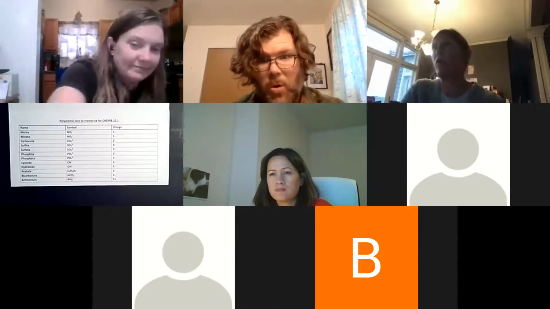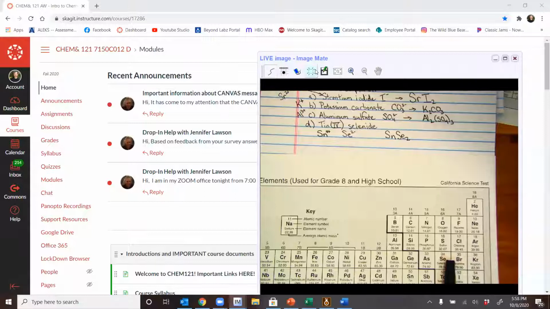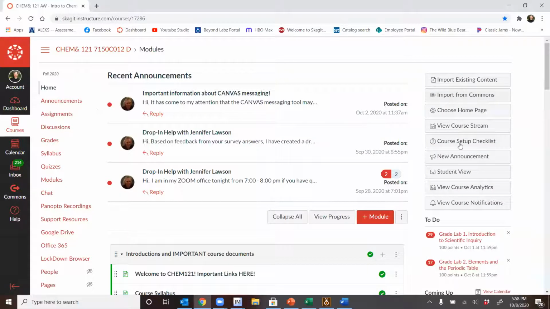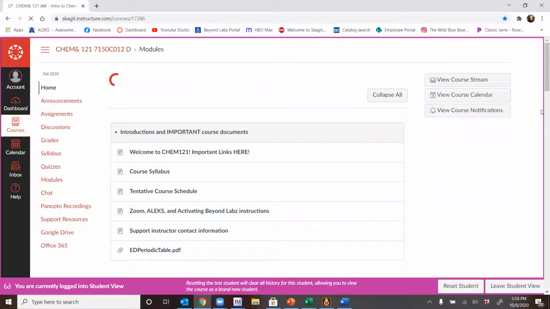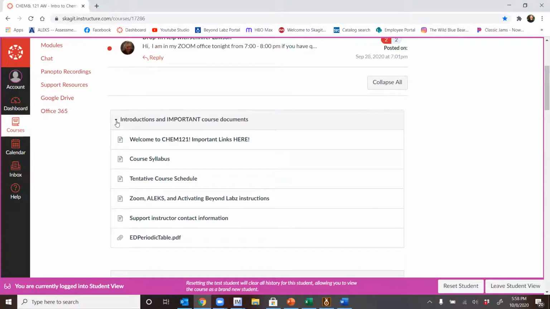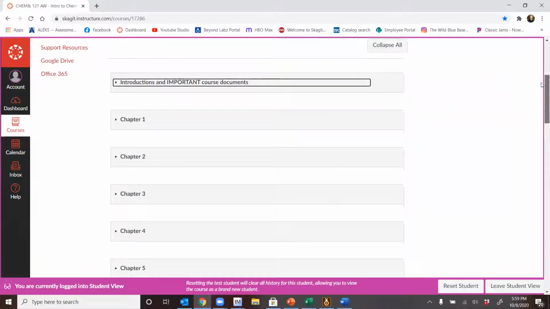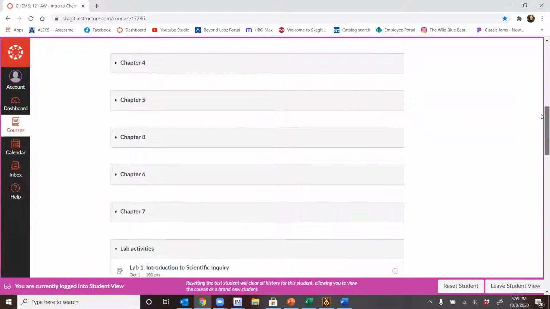All right. So I'm going to show you where it is one more time. If I go into student view here, if I scroll down, and I know there are lots of modules, but I can't think of a way to make the front page smaller.